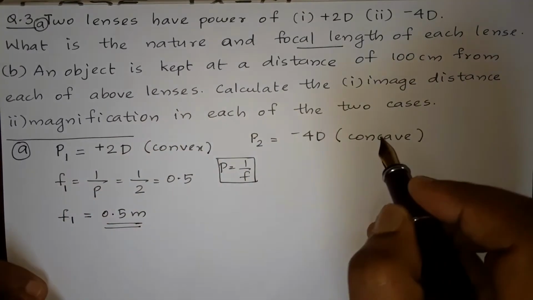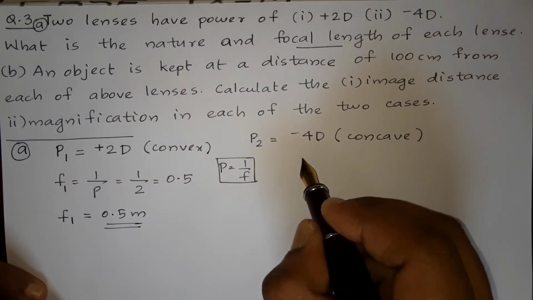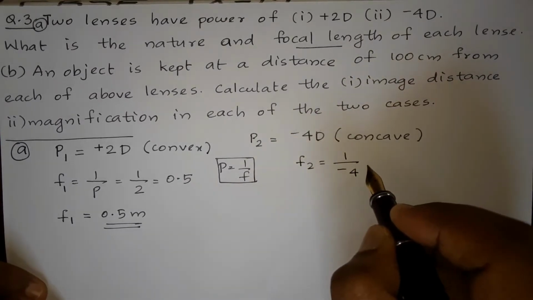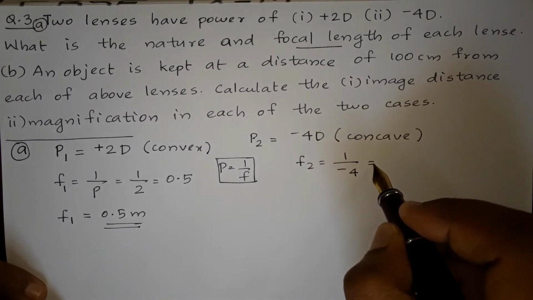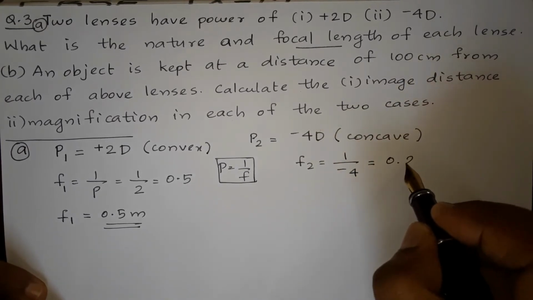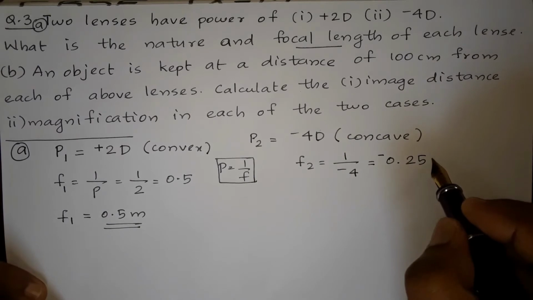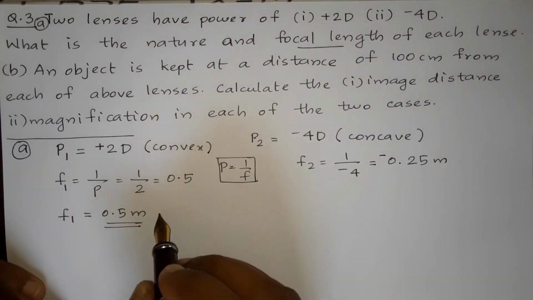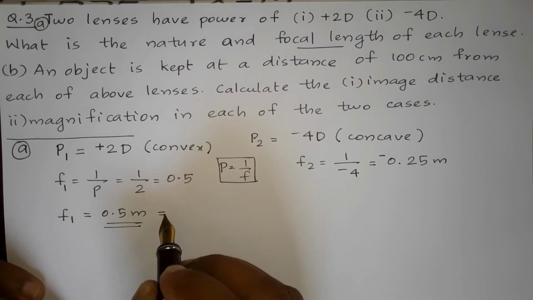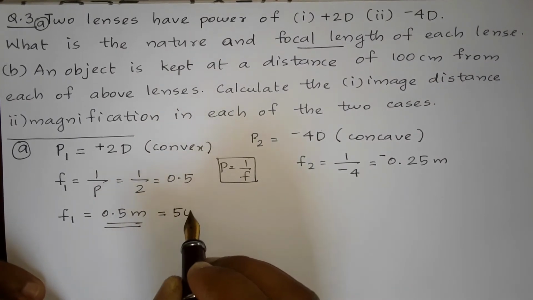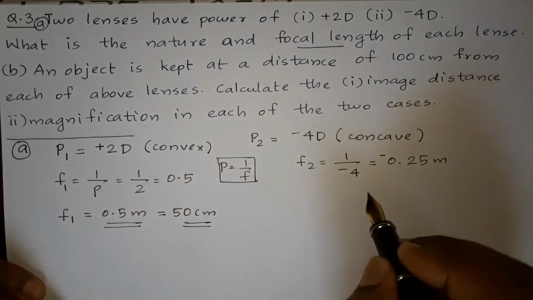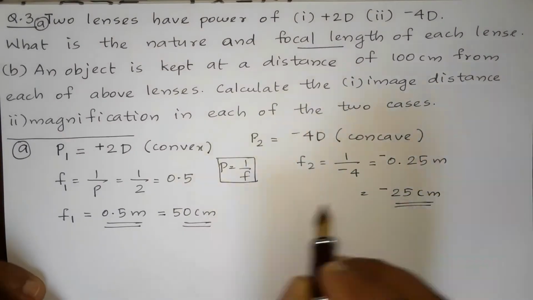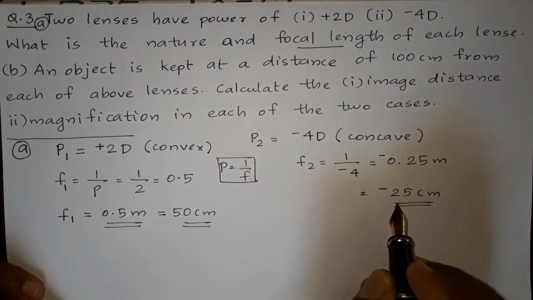For the second one, F2 is equal to 1 by minus 4, that is negative 0.25 meter. Let us convert it into centimeters, that is multiply by 100. So this is 50 centimeters and this is minus 25 centimeters. Thus we have found out the focal length of two lenses.